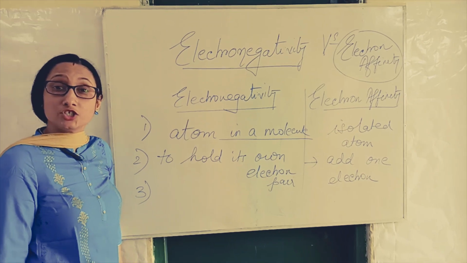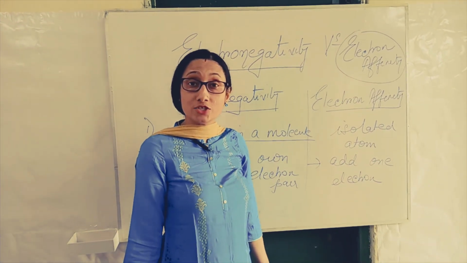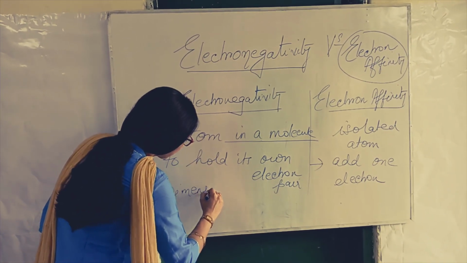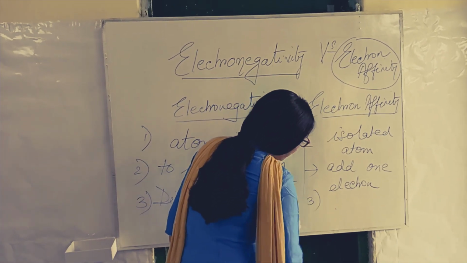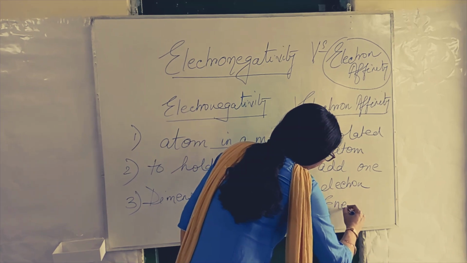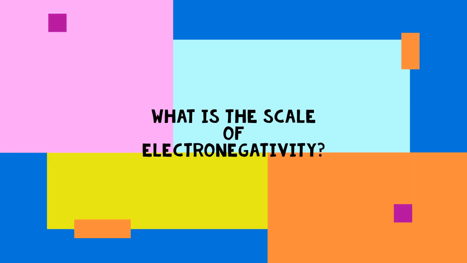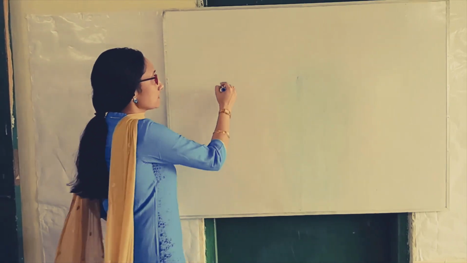Now, electronegativity is a dimensionless quantity, whereas electron affinity is energy released. So this is dimensionless, and electron affinity will have the dimension of energy. Electronegativity is measured in different scales. The most widely accepted scale of electronegativity is Pauling scale.